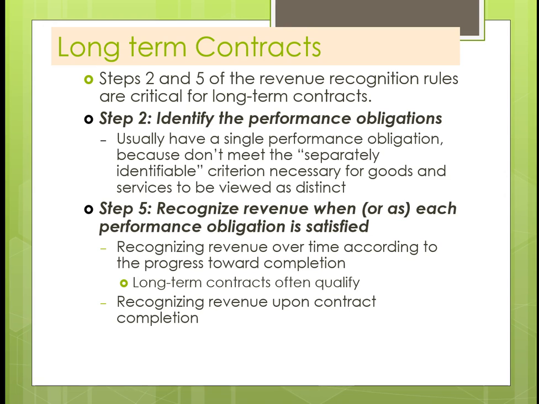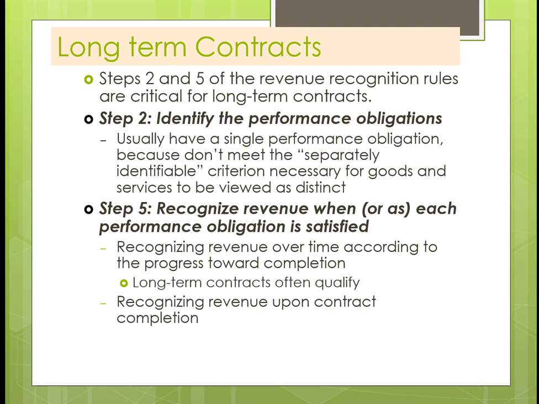Now, Step 2 and 5 of the revenue recognition rule are critical for long-term contracts. First of all, you have to identify the performance obligations. Usually you have a single performance obligation because you don't meet the separately identifiable criteria necessary for goods and services to be used as distinct.